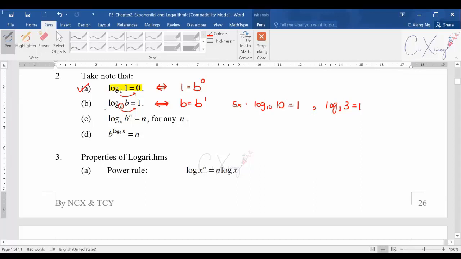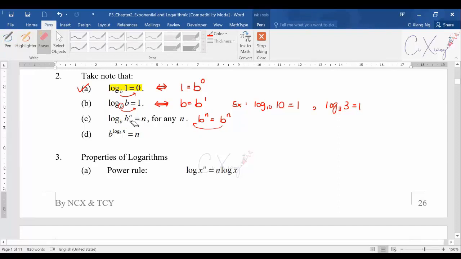Then what happens to this one? Again, if you bring b over, it becomes b power n equals b power n. So the original equation comes from this, and when you bring the b over to become the log function, your logarithmic function will look something like this.